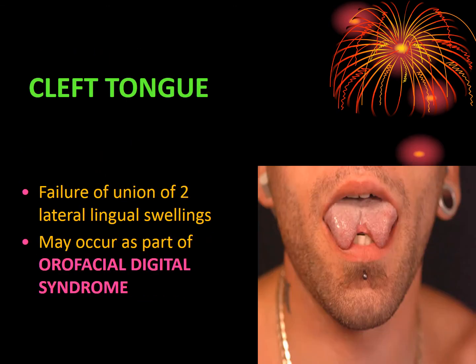And the next one is the cleft tongue. Cleft is the break, or the failure of fusion of two lateral lingual swellings, leading to the formation of cleft tongue. This can occur as a part of orofacial digital syndrome. So cleft tongue is one of the features of orofacial digital syndrome, and this is caused because of the failure of union of two lateral lingual swellings.